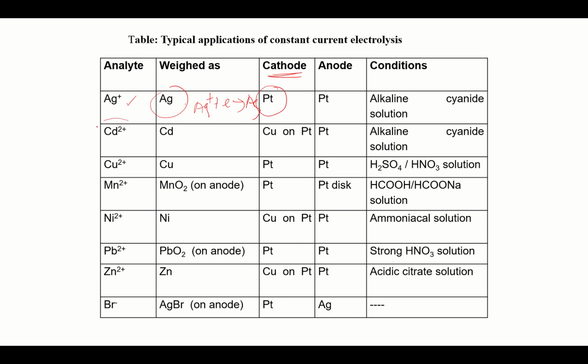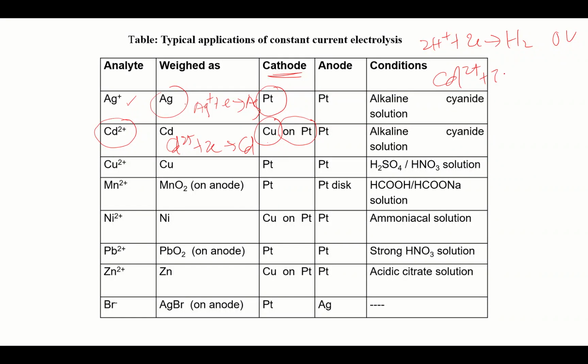For cadmium, cadmium 2+ will reduce to cadmium on the copper. You cannot use platinum directly, so you must put copper on the platinum surface, because if you use platinum, hydrogen will be easily evolved. If you check the standard reduction potential, hydrogen on platinum is 0 volt.